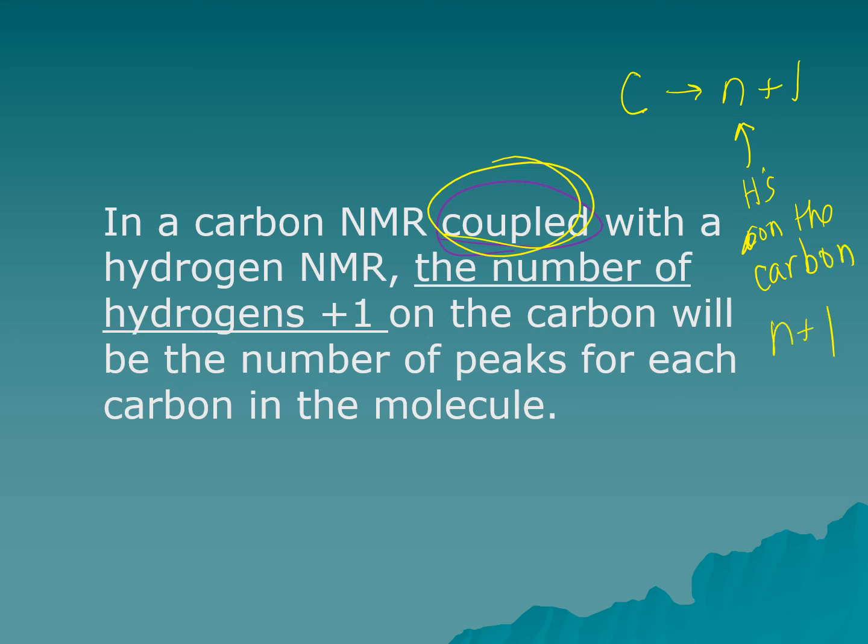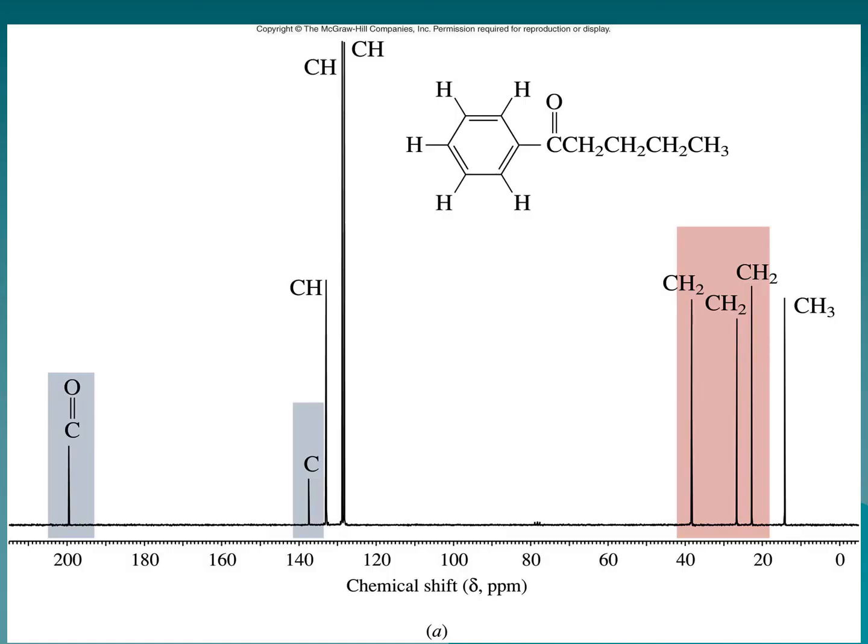All right, so I'm going to look at some ones that we already looked at, and we're going to see what they would split. So this is the one we just did, and I'm going to call this A, B, C, D, E, F. Looks familiar. G, H, and I. All right, so let's look at carbon E. If we coupled this with the hydrogen NMR, this would not split.